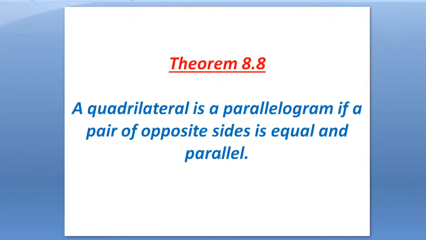This is an important one. Theorem number 8.8. A quadrilateral is a parallelogram if a pair of opposite sides is equal and parallel. This is an important theorem. So once again, let me repeat the statement of theorem number 8.8: a quadrilateral is a parallelogram if a pair of opposite sides is equal and parallel.